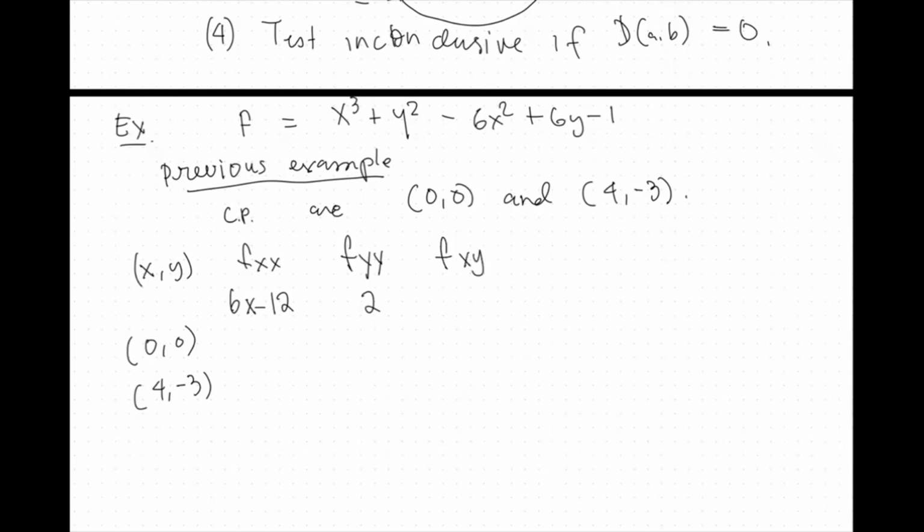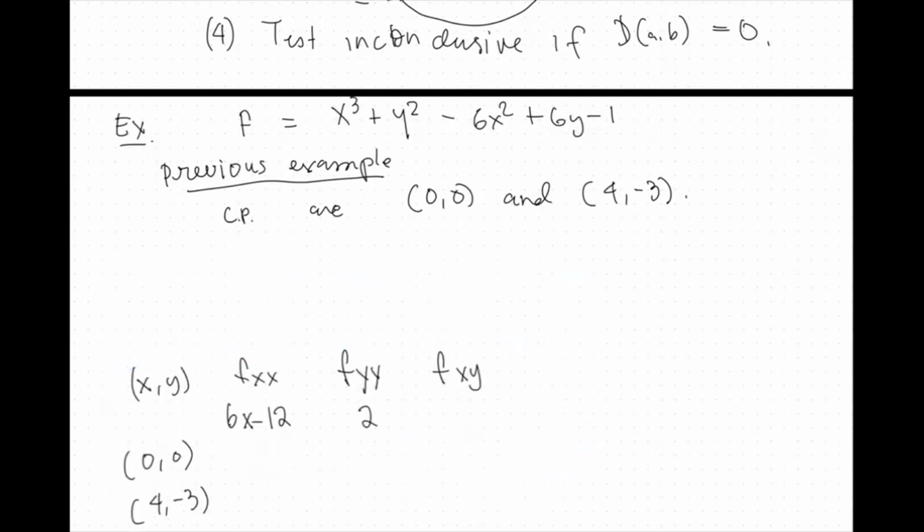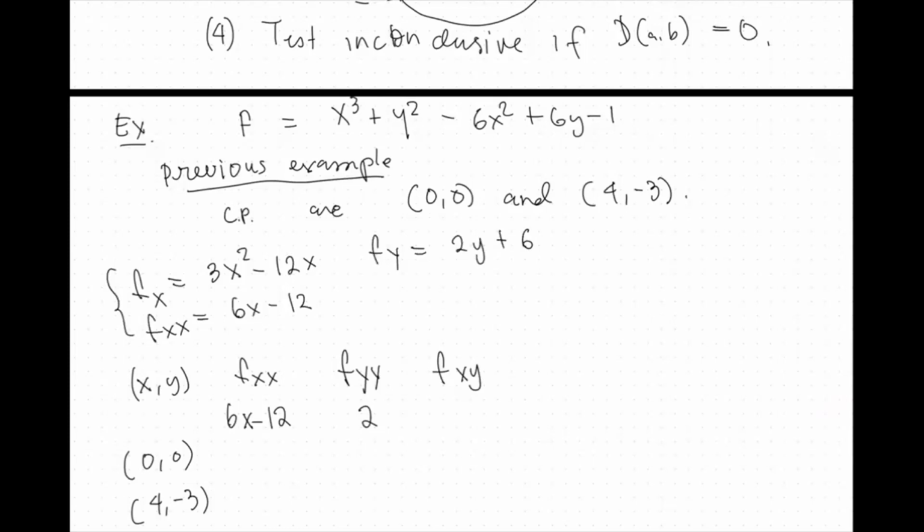Here, let me do the derivation. F sub x is 3x squared minus 12x. So f sub xx is 6x minus 12. F sub y is 2y plus 6, and then f sub yy is just 2.